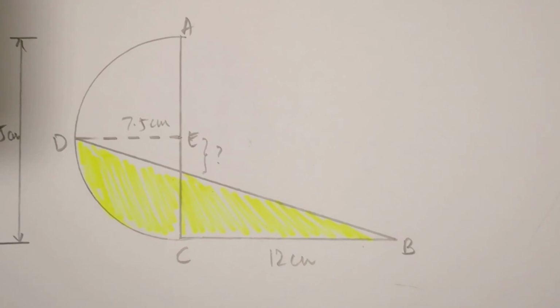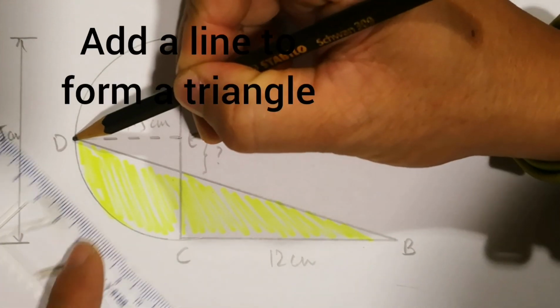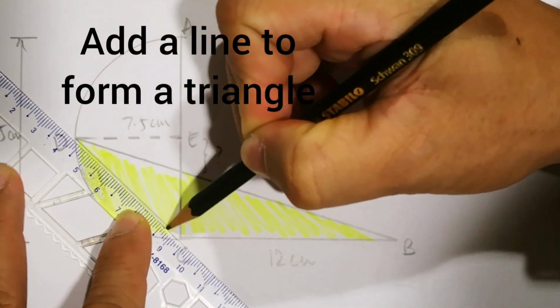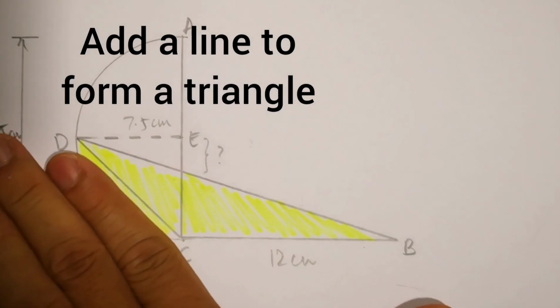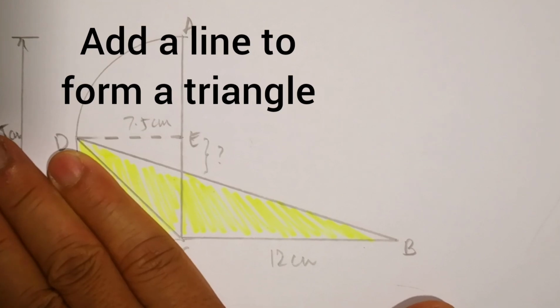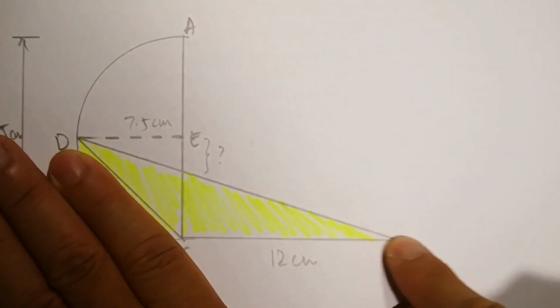So what do we do? Well, we can quite easily solve this question by adding one more line over here. If we add this line here, then we can use our formula to solve, because right now we have this triangle. This triangle, we know the base, which is 12.